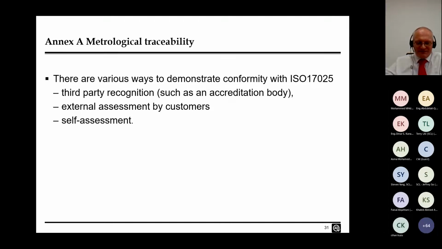So self-assessment only works when you have a reputation and history that people are going to believe it anyway. So generally we look at third-party recognition, an accreditation body or peer review through an RMO such as GulfMet to demonstrate conformity.